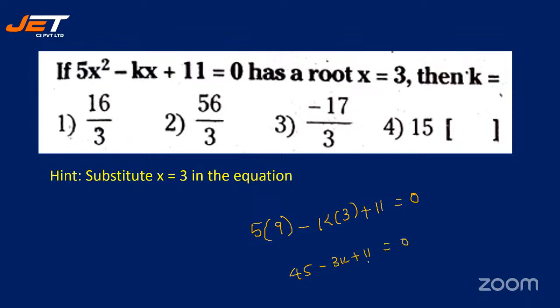So 45 plus 11 is 56. So minus 3k is equal to minus 56. K is equal to 56 by 3.